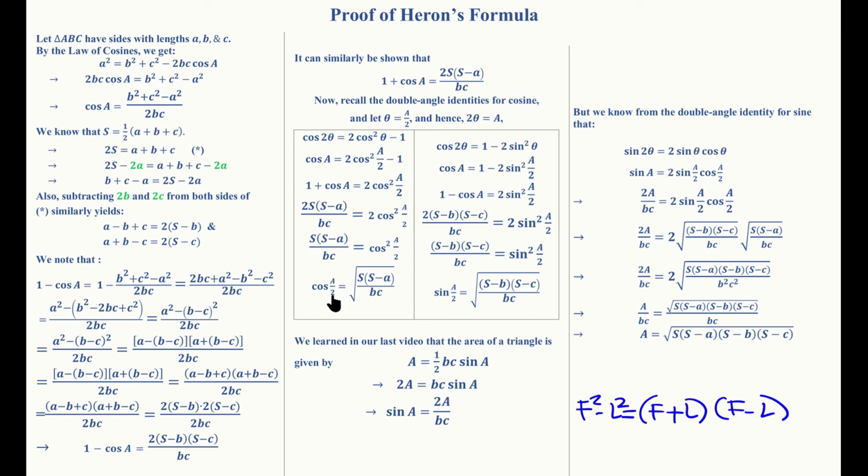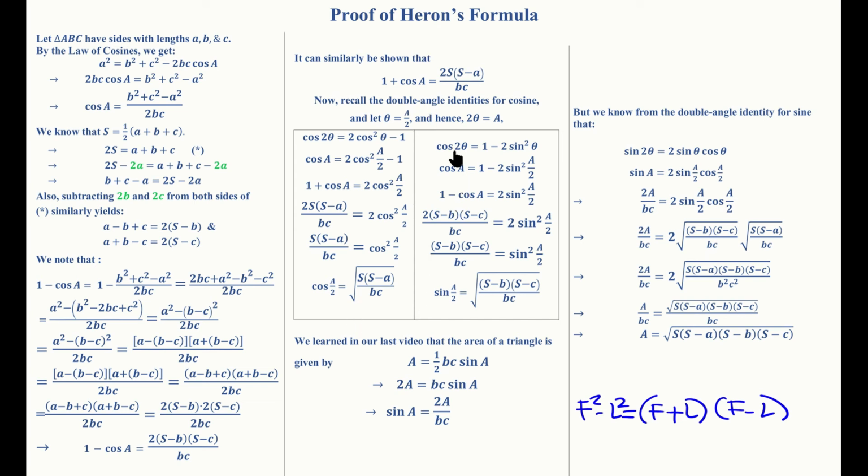So that means a over 2 itself will be less than 90. And we know that for angles between 0 and 90, the cosine will be positive. So that's why this is the case. And of course, the sine will also be positive later for the same reason. In fact, sines are positive all the way from 0 to 180, so a over 2 will definitely have a sine that's positive as well.